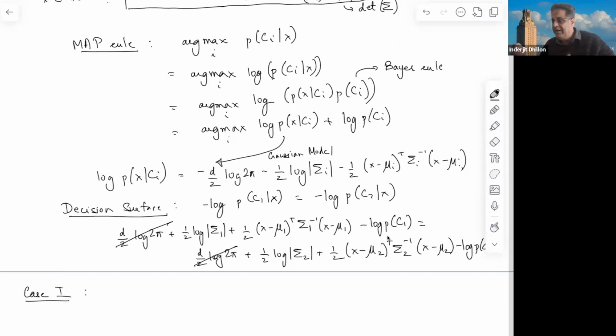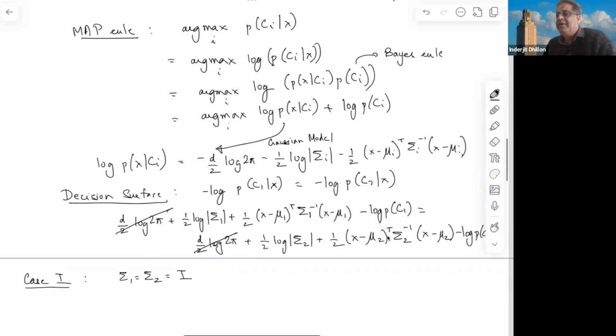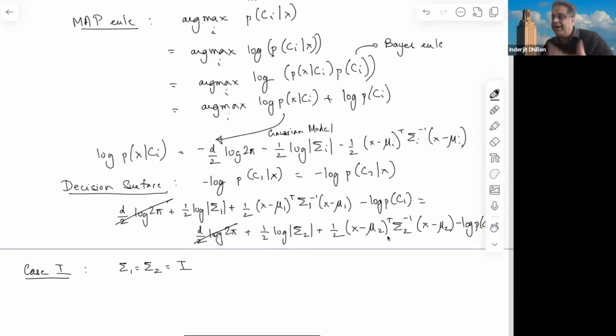Let me just assume for simplicity that my Gaussians are uncorrelated. That means that for class 1, sigma 1 equals identity. For class 2, the covariance matrix is identity. If that happens, let's look at the decision surface.